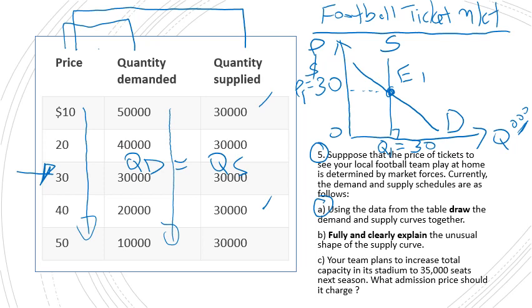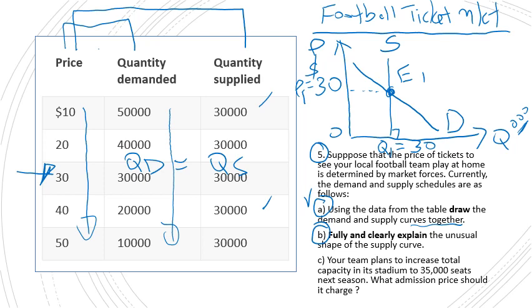All right. So let's see if we have completed the A part of 5. Using the data from the table, draw the demand and supply curves together. So that's the drawing. This is the kind of drawing that I expected from you. B reads, fully and clearly explain the unusual shape of this supply curve.